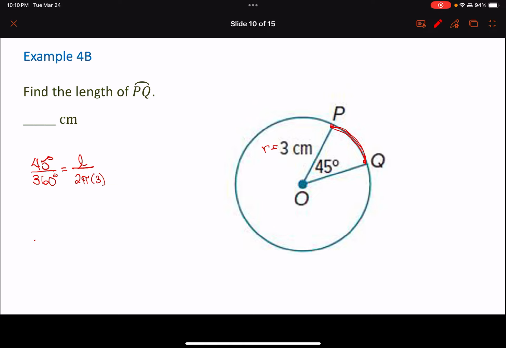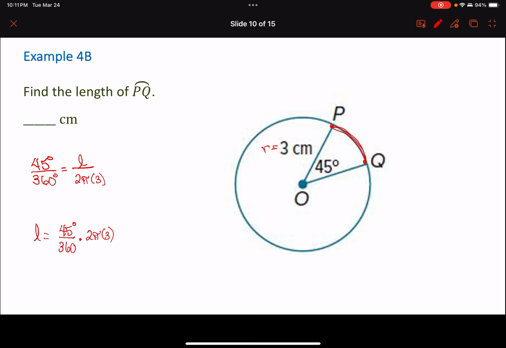Or if I prefer, I can write my arc length equals 45 over 360 times the circumference, 2 times pi times 3, whichever works best in your brain and makes the most sense for you.